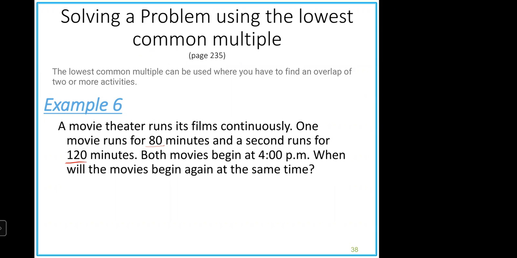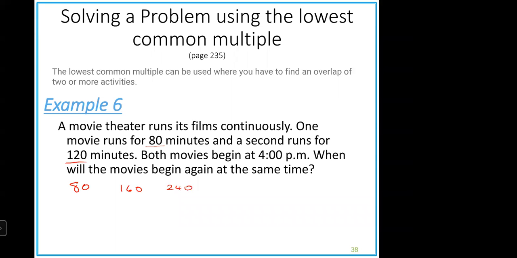So it's 80 minutes. Then again, 80 and 80 is 160. Then 3 times 80 gives you 240.